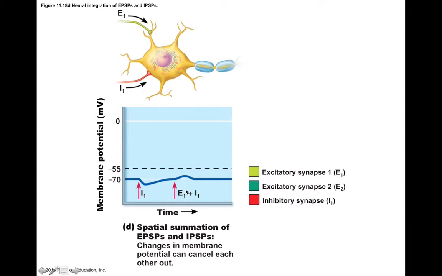But if an excitatory and an inhibitory gradient potential add together or summate at the same time, they almost cancel each other out, where you just see the tiniest little blip or change in voltage here. Because these add together in time, you can prevent this neuron from responding. In fact, a lot of inhibitory synapses are located closer to the axon. That way they can block the generation of an action potential and be a better inhibitory synapse.